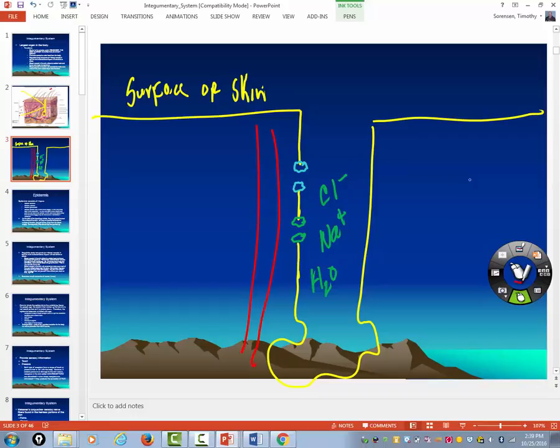So when you sweat, what will happen is the chloride will get reabsorbed through a chloride channel, and then sodium will get reabsorbed through a sodium channel, and then water will get reabsorbed by osmosis.